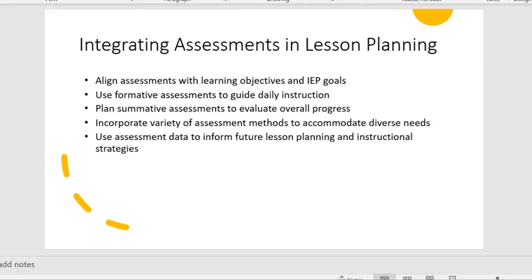You want to make sure that you're incorporating a variety of assessment methods, not only to accommodate diverse needs with your learners, but that also keeps them engaged and keeps them kind of on their toes. And you want to make sure that you're using assessment data to inform future lesson planning and instructional strategies. We don't just give assessments just to give them and have something to do in class. We want to collect valuable data to inform our future planning and any instructional strategies that we want to incorporate with our students.